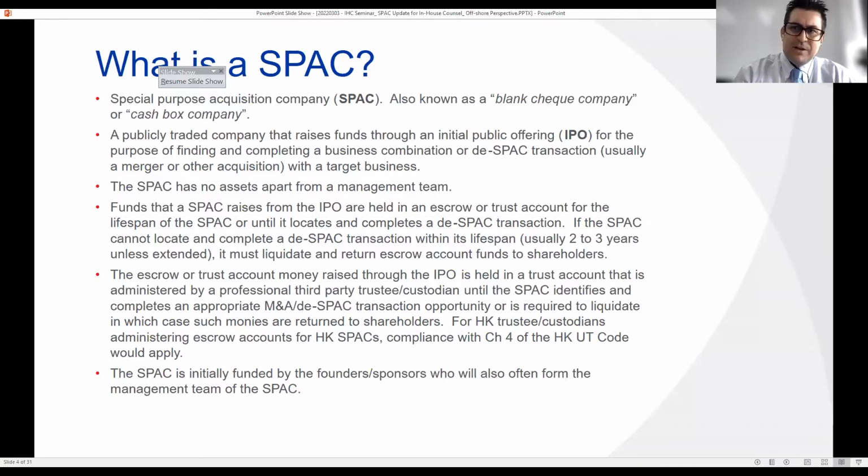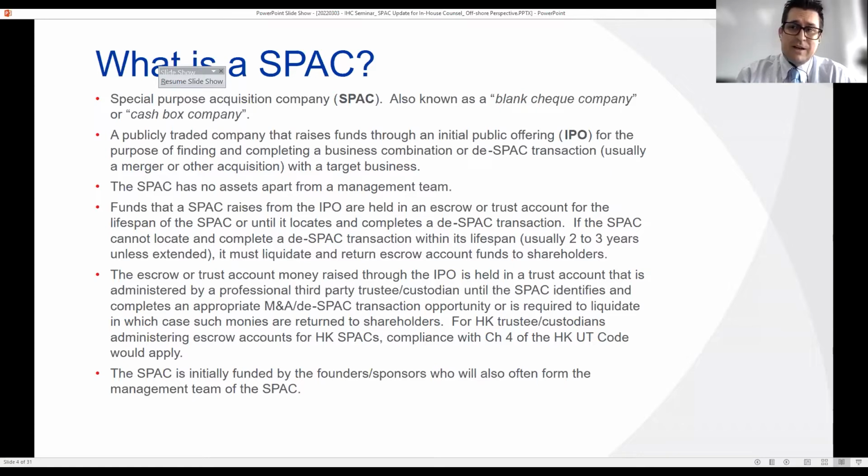For this presentation, I'll be looking mainly at three SPAC jurisdictions, being the US, Hong Kong, and Singapore. There are other SPAC jurisdictions. For example, the London Stock Exchange permits SPACs. Euronext permits SPACs. There are other jurisdictions that permit SPACs as well, such as the Australian Stock Exchange.